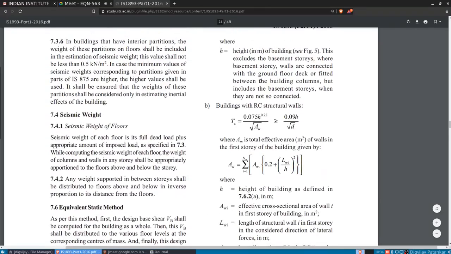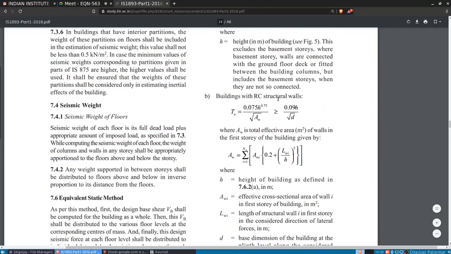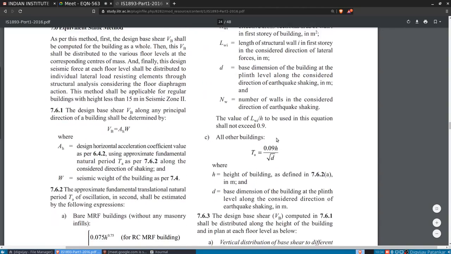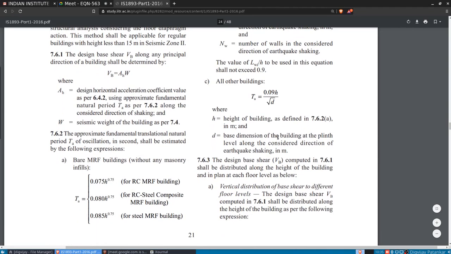If you have a building with RC structural walls, you can use this expression. And if you have buildings which do not classify into A and B, then for all other buildings you should use the time period 0.09 h upon root d, where h is the height of the building as defined in 7.6.2, a particular clause that explains how to calculate height, and then the base dimension.